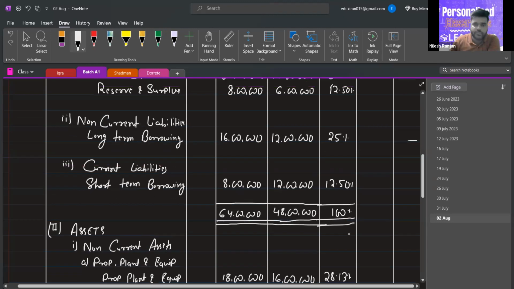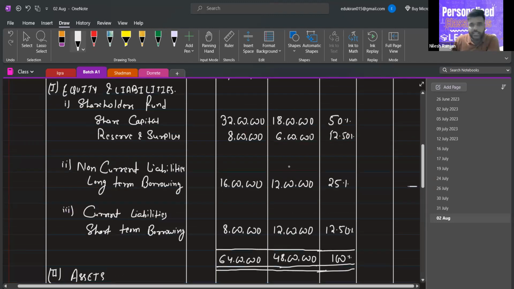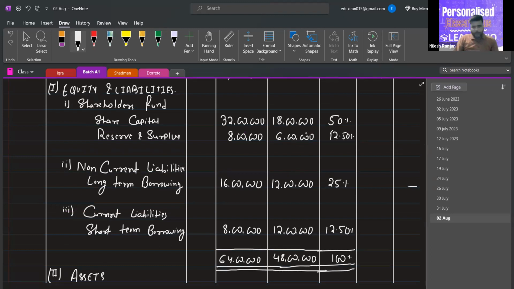Now the second year, it is 48 lakh. 18 lakh divided by 48 lakh, 6, it will be 12.50%. It will be 25%. It will be also 25%. So it will be 37.50%.